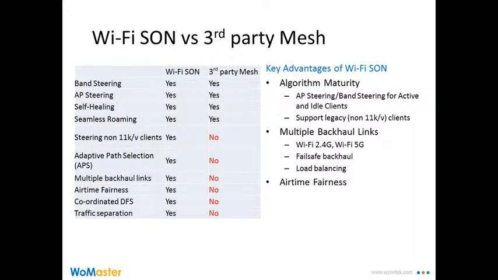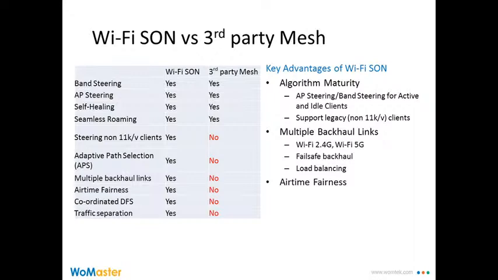Moreover, airtime fairness can make sure that each device can access the throughput fairly. With these features, it makes sure that some legacy devices will not occupy too much of the RF bandwidth to access the data and delay the network performance.